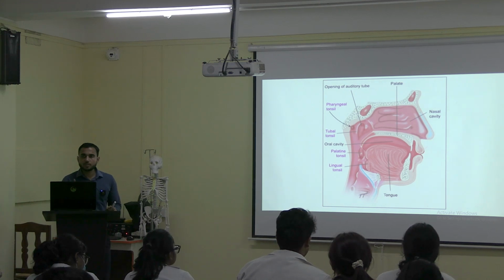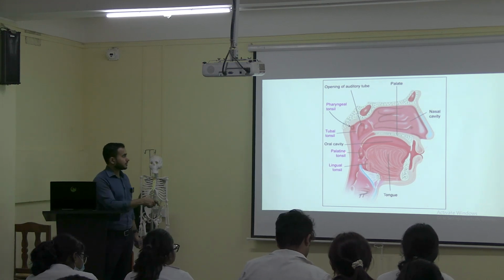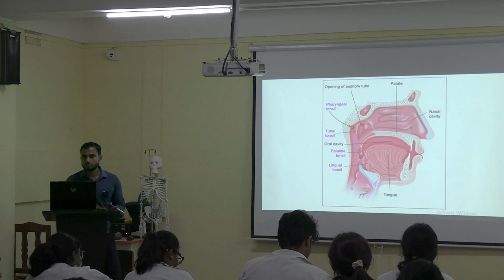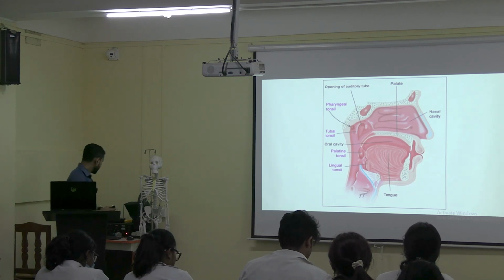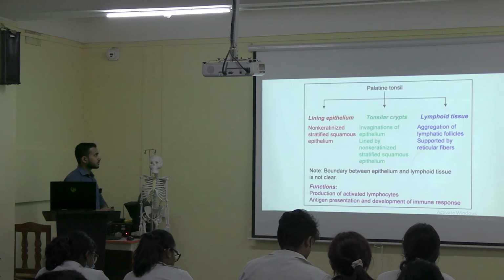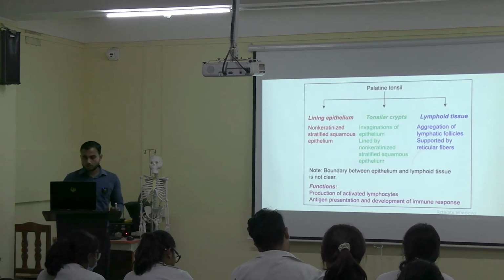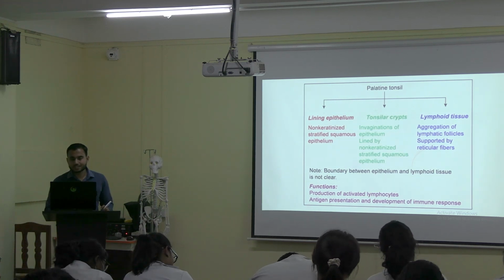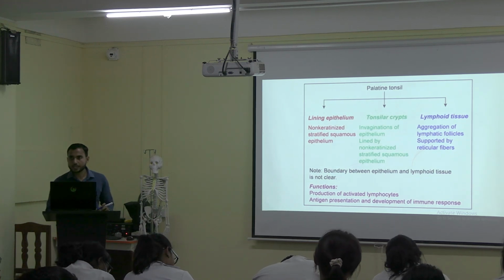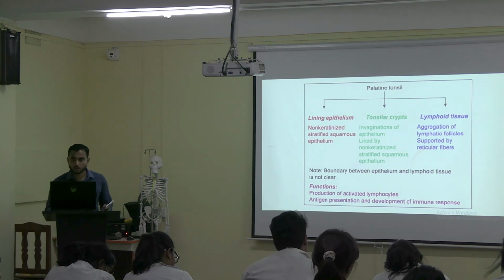About the tonsils, we will be discussing mainly the palatine tonsil, the structure of the palatine tonsil. Very simple structure. The palatine tonsil is made up of, first, lining epithelium, which is the same as the lining epithelium of the oral cavity.